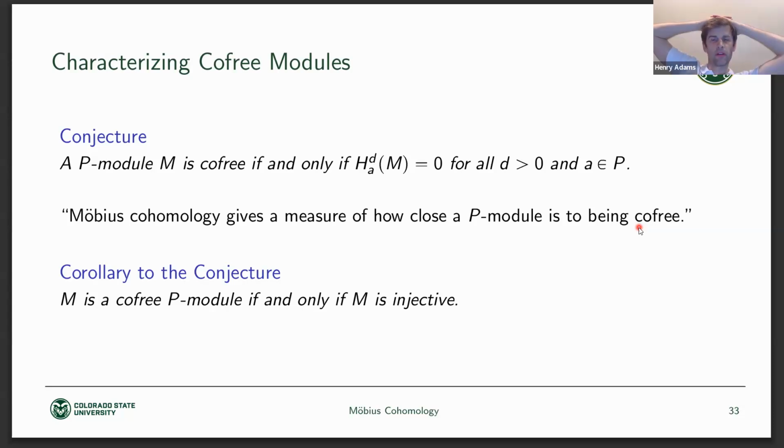But in vector spaces, everything's injective, so we don't have to worry about that. So I guess there's a more general conjecture, which is that the acyclic things are exactly the co-free things, where on every downset you have an injective object in whatever category you're working in.